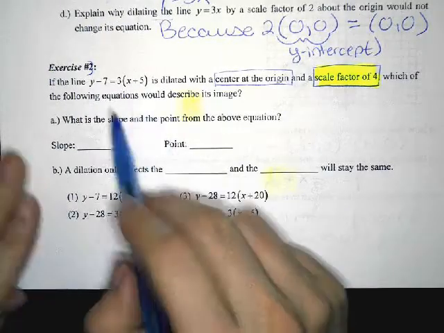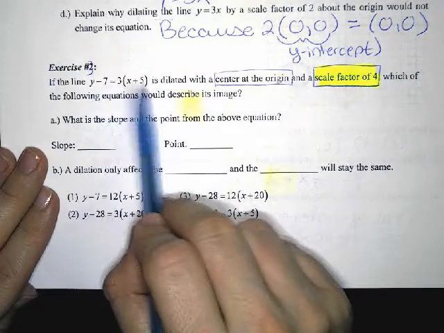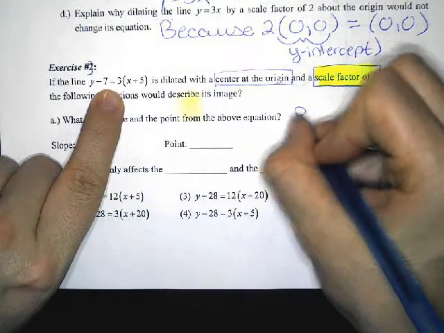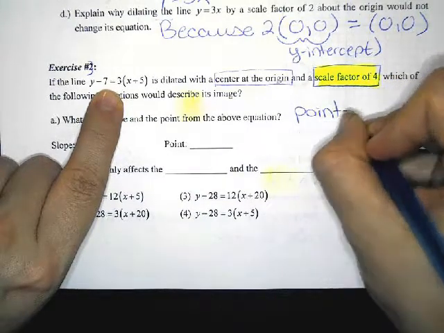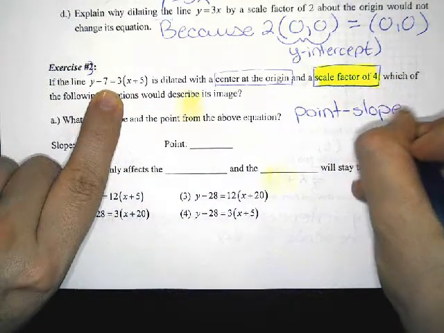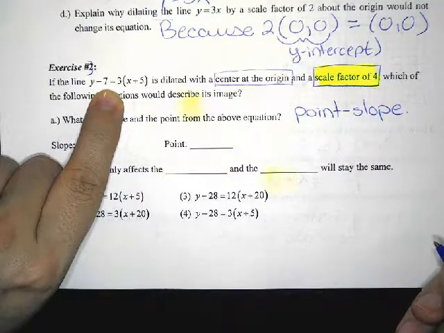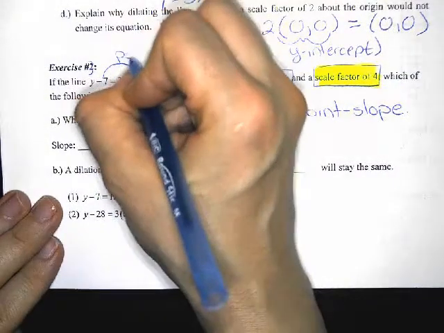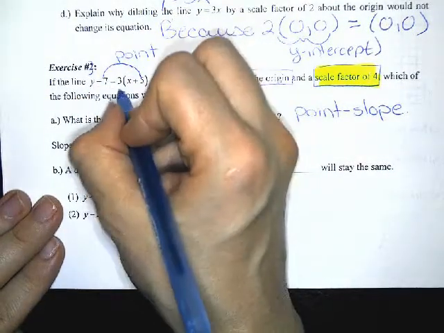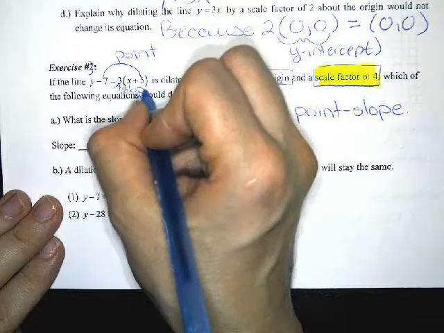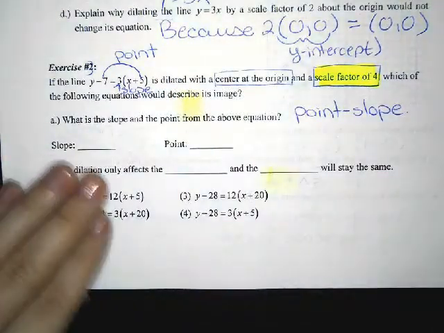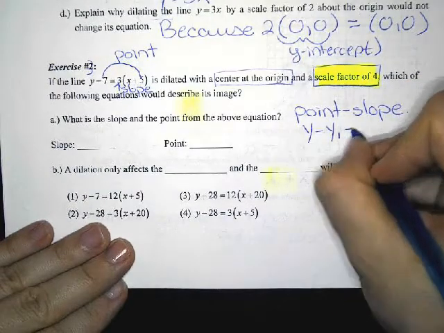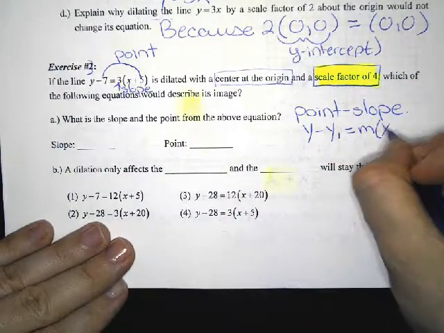Okay. Now, if you notice, this is not in y equals mx plus b form. Okay. This is in something called point slope form. What does that mean? That these two numbers here represent a point, and this number right here represents the slope. Okay, so point slope form formula is y minus y1 equals m of x minus x1.